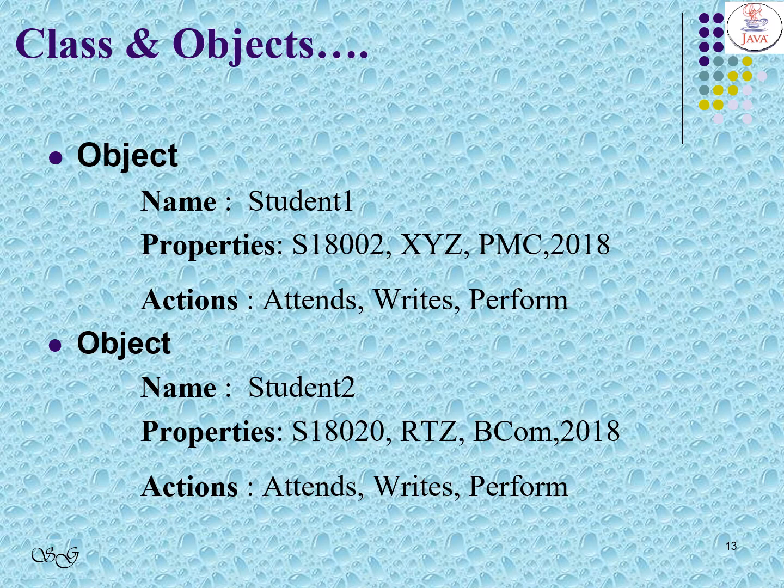Here we have another object by name student2, which has values for the properties like S18020 as admission number, RTZ as the name, BCom as course and year of joining is 2018. This object also has functionality like attends, writes and perform.